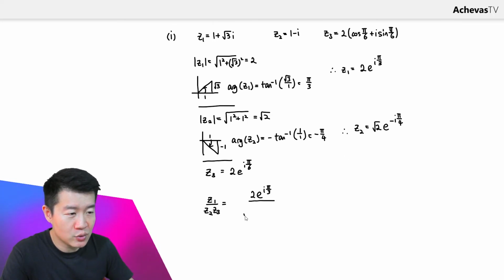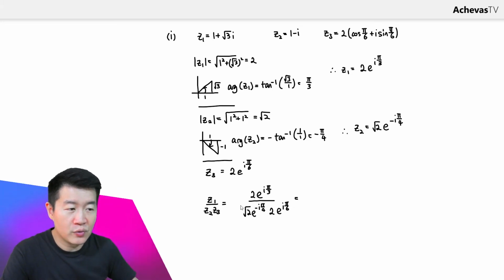Z2 is square root of 2e to the power of minus i pi over 4, and Z3 is 2e to the power of i pi over 6. So for the overall modulus, we have 2 divided by square root of 2 divided by 2, which is 1 over square root of 2, because this 2 and this 2 can be cancelled.